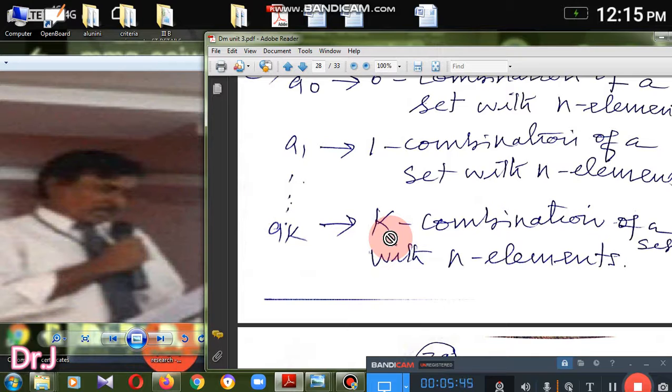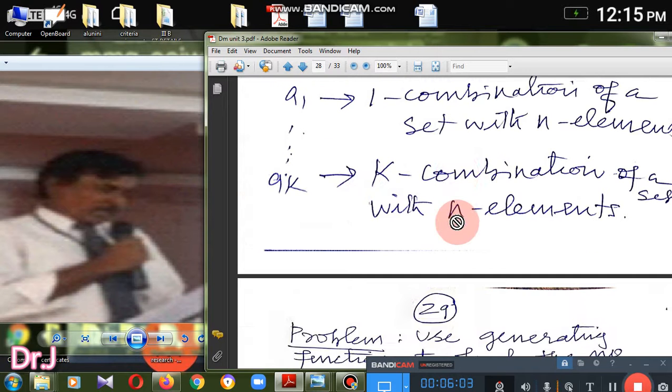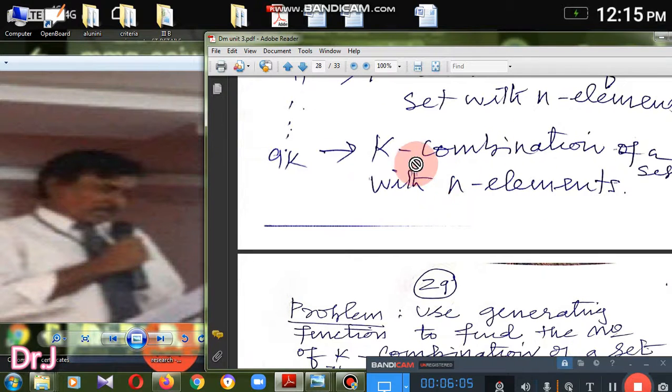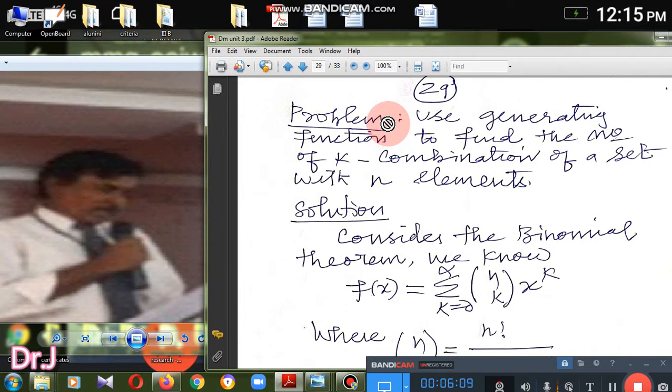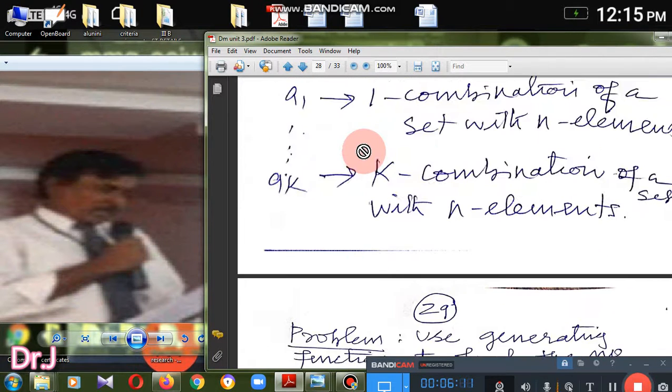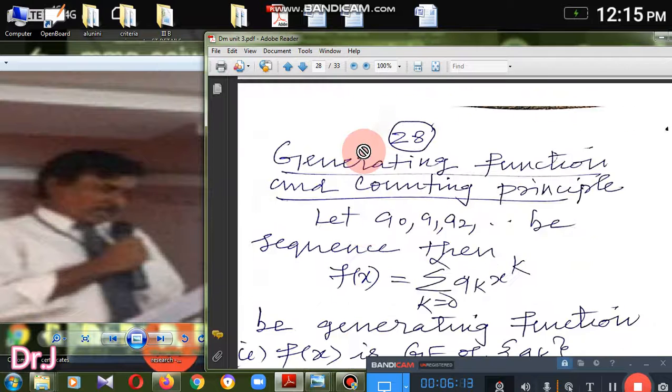How many times can you take? A5 times. So just by comparing the coefficients of the generating function, we can give the corresponding k combination out of n elements. It's a very wonderful creation or understanding from mathematical observation. Very interesting, is that not?